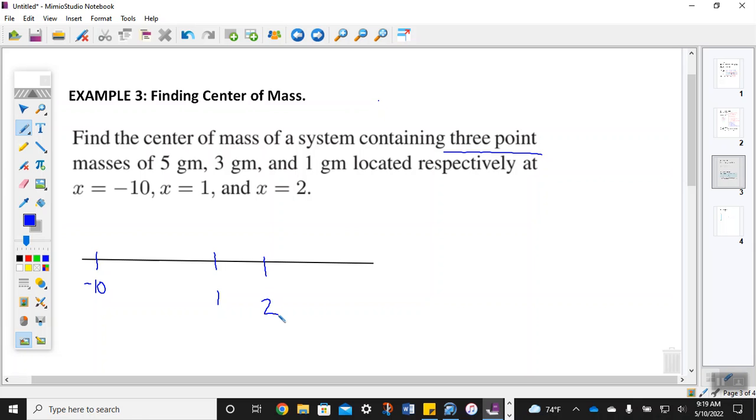Okay, so it says all of these masses are located respectively at the following. So the 5 grams would fall on what x value, kids? Okay, so right here at negative 10, there are 5 grams sitting here. How many grams are there at 1? 3. And then how many grams at x equal 2?